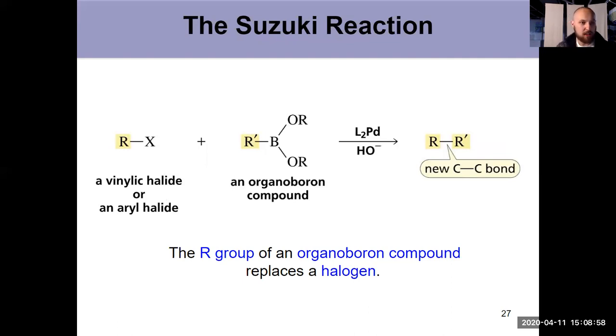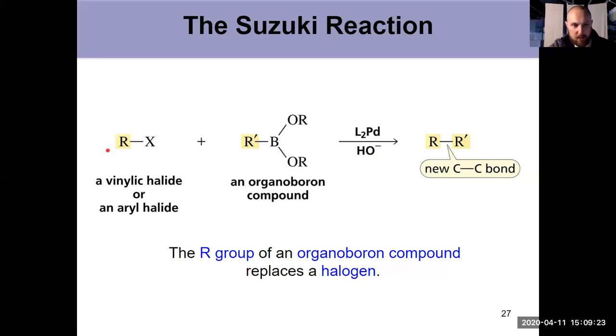This is the general scheme of the Suzuki reaction. Okay? Suzuki takes a vinylic or aryl halide and uses an organoboron compound in basic solution. Notice the hydroxide over here with our palladium catalyst. And that takes the alkyl group that was attached to boron and connects it with the group from our vinylic or aryl halide.